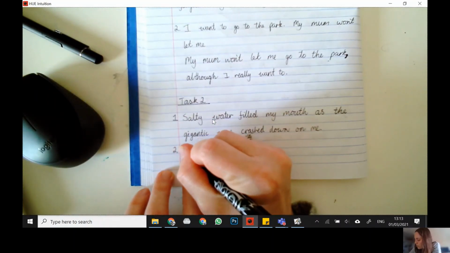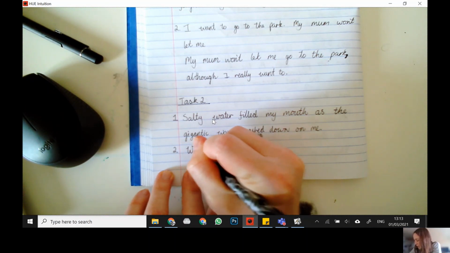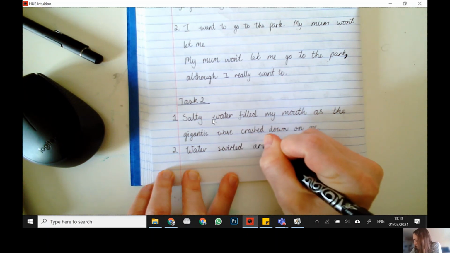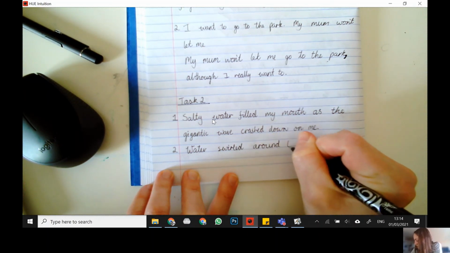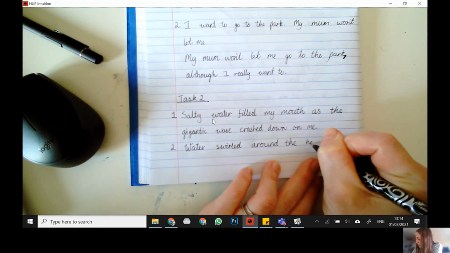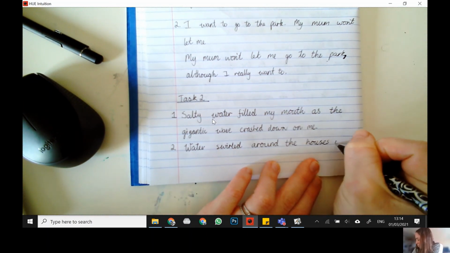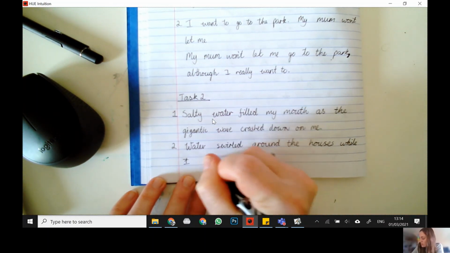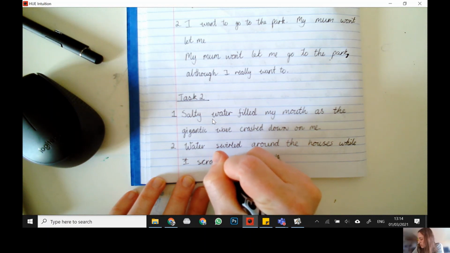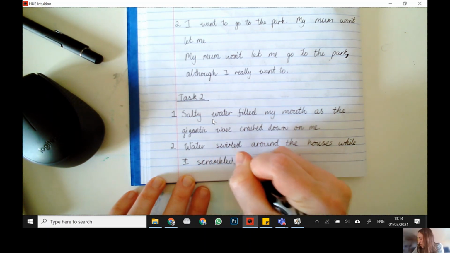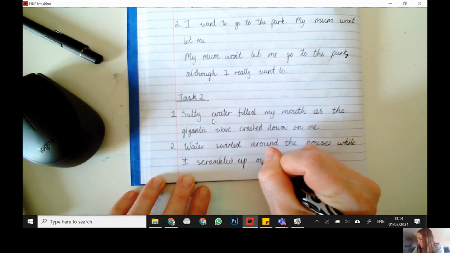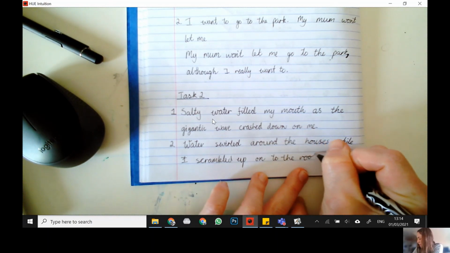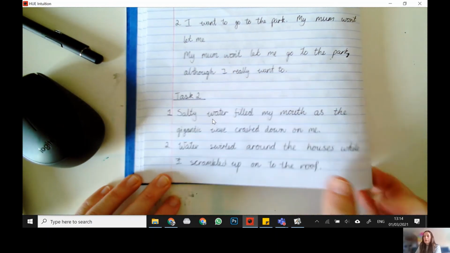So water swirled around the houses while I scrambled up onto the roof. Fantastic. 2 sentences. Happy with the conjunction I have there?